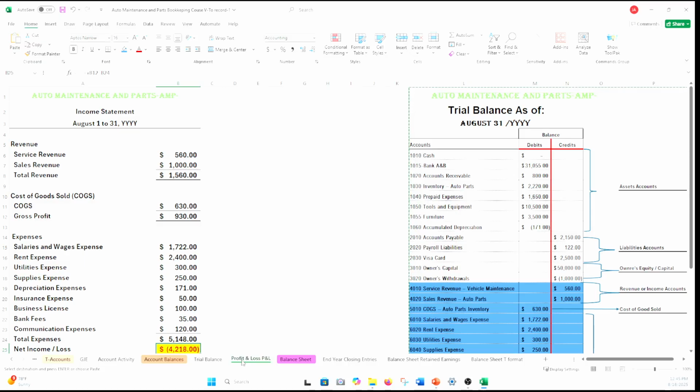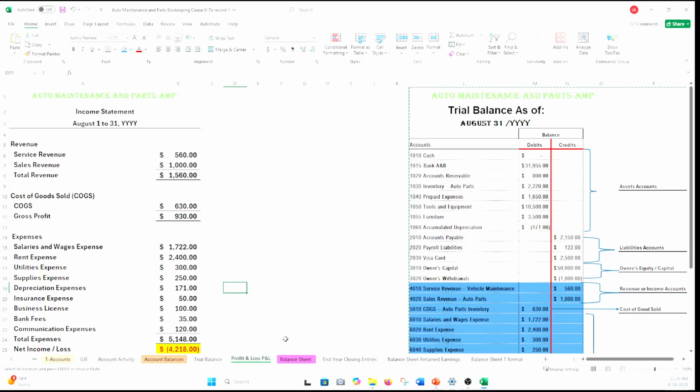That means January 1st through December 31st. Okay? So on December 31st, since we don't have any more activity, these are going to be my same balances. So we are going to close these accounts.